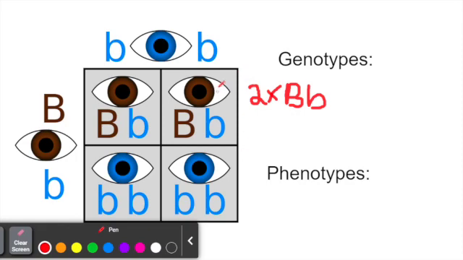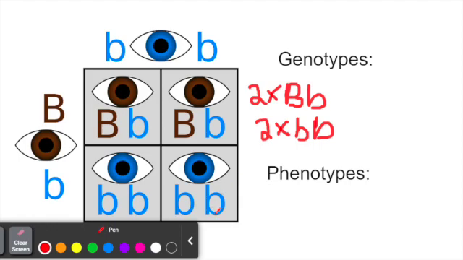And then over here, I've got little b, little b, and I have 2 of those, so I'm going to put times 2 also for that one. So now we have our genotypes. These are big B, little b, which is heterozygous, and little b, little b, which is homozygous.